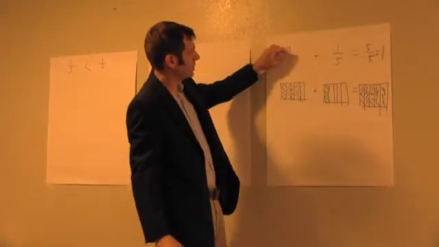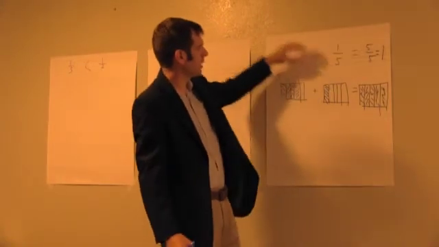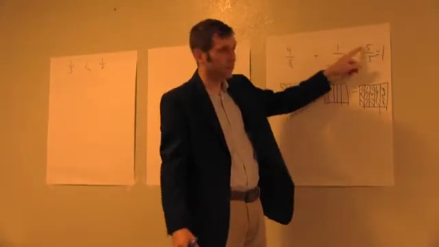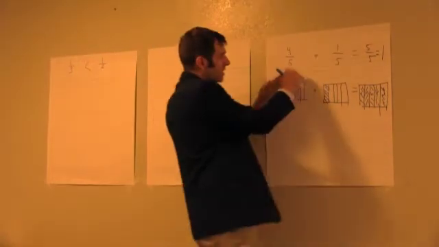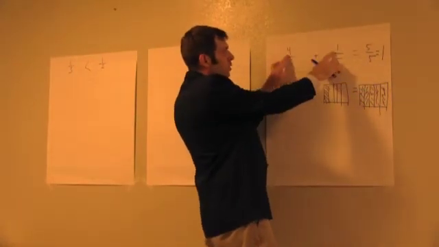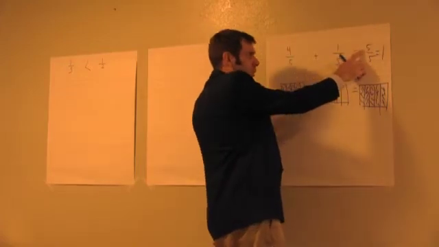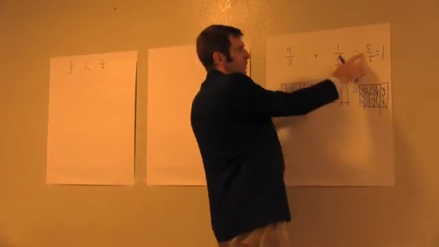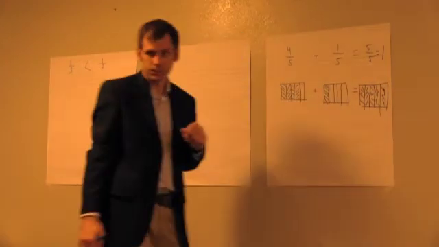Here's 4 pieces out of 5, here's 1 piece out of 5, and so 4 plus 1 is 5 pieces out of 5. Did we add the denominators, the numbers on the bottom, together? No. Did we add the numerators together? Yes, we did. So 4/5 plus 1/5 was 5/5, which is 1.